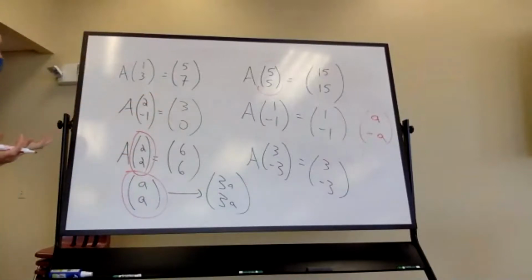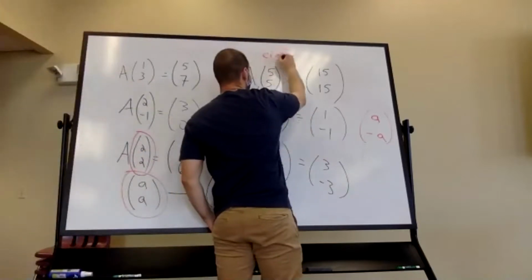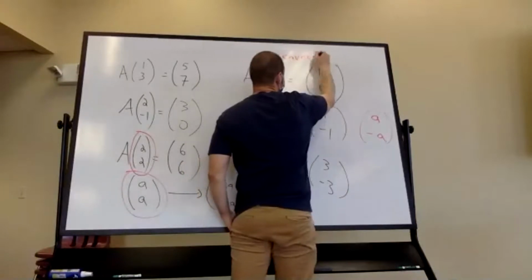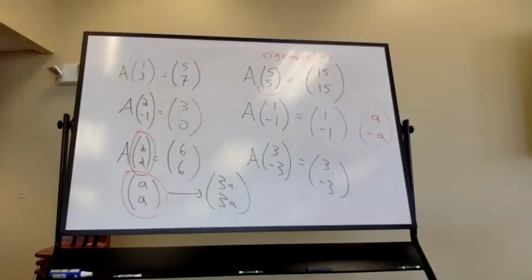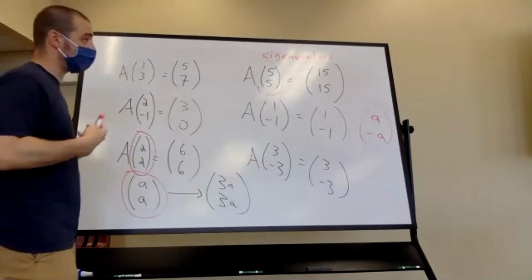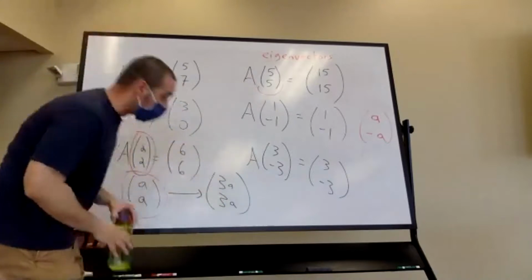When the matrix sees those, it gives you either the literal vector back or stretches it for you. These things are called eigenvectors. So an eigenvector is a vector that the matrix just scales. It doesn't rotate. So when you feed the vector in, what comes back out is a multiple of the original vector.